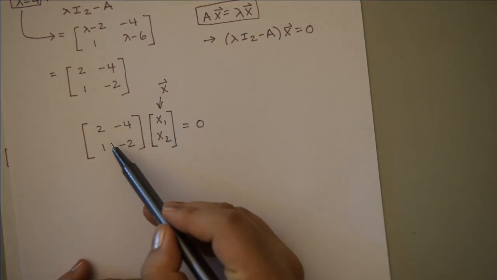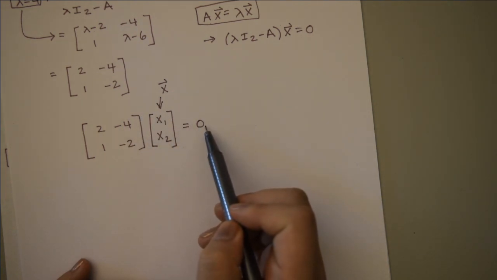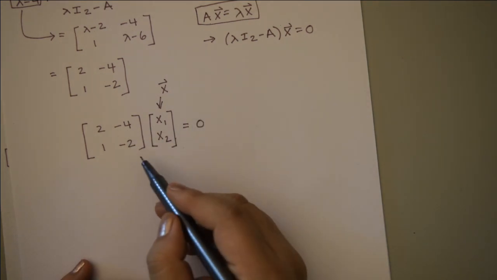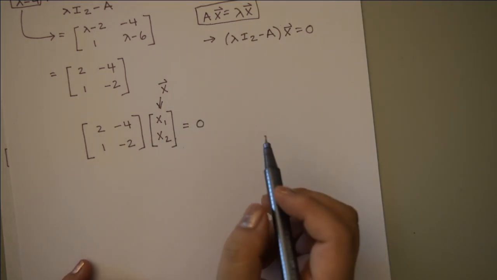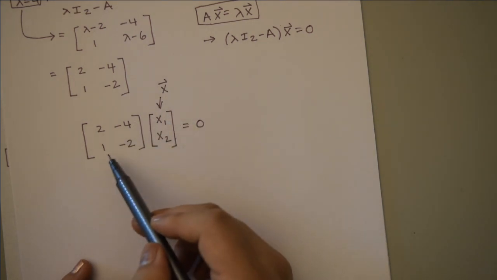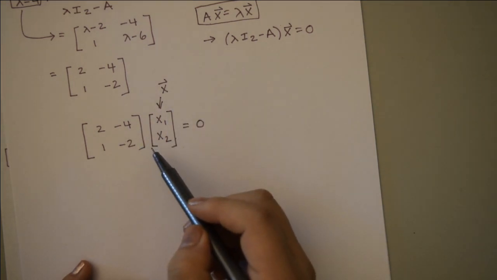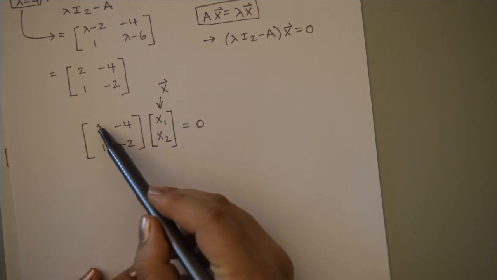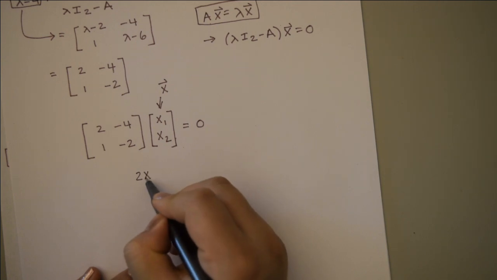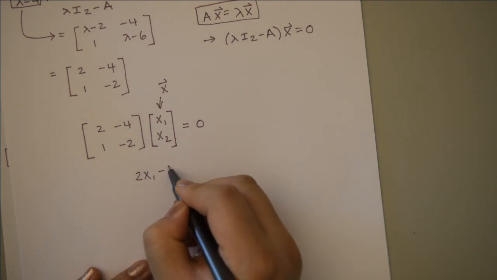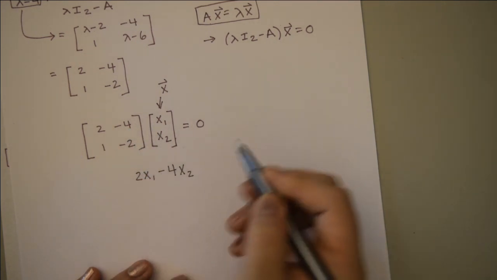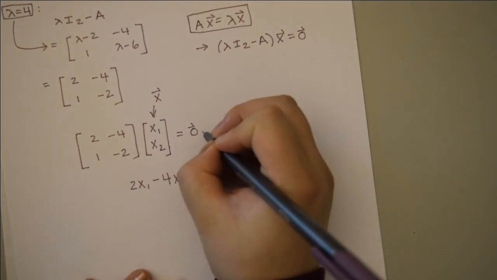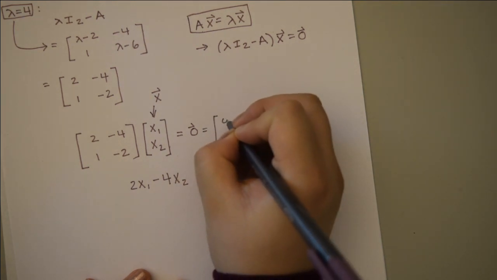At this point, there are a few ways to actually solve this. You can make a giant matrix and row reduce or whatnot, but since this is a linear case, I'll write it out just to avoid confusion. So when we multiply this, we're doing 2 times x1 minus 4 times x2. And I should have been more clear, this is actually a 0 vector, so this would be 0, 0.